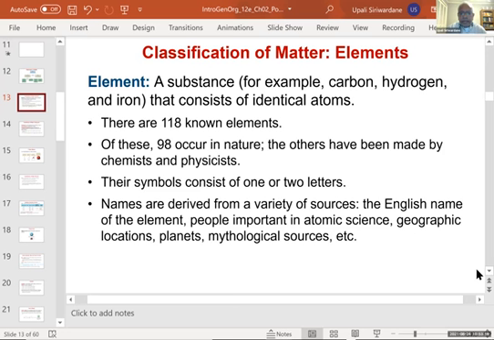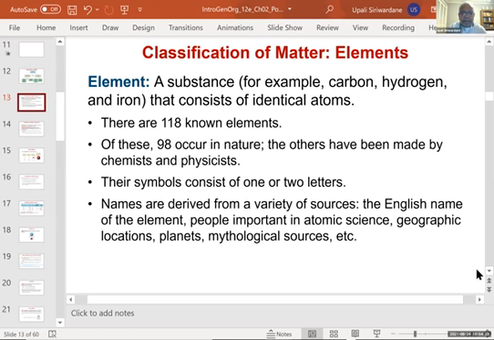They decay to other elements. Some new ones are made by chemists and physicists using high energy particle collisions in nuclear reactors.